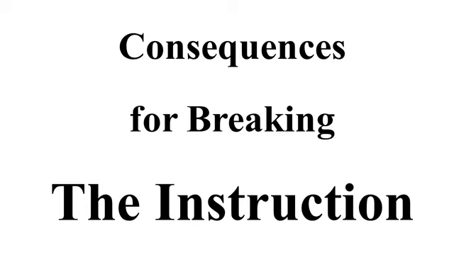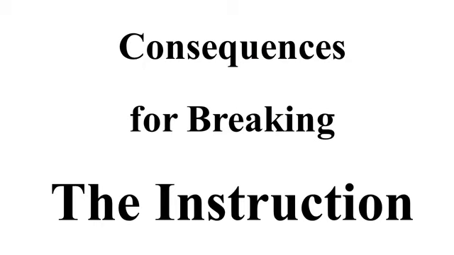Every so many years, they let the land rest. The farmers just know this is something that you have to do in order for the land to, I don't know, rejuvenate. So, that was the instruction. And there's consequences for breaking the instruction.